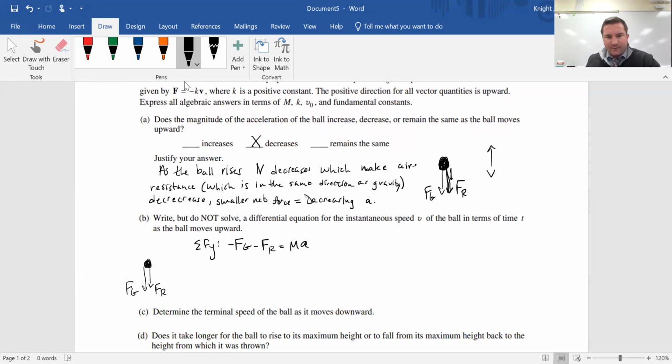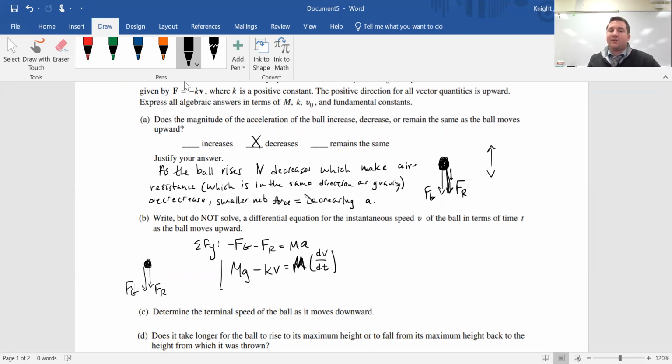And so if we look here, gravitational force is going to be m times g, which is a fundamental constant, so that's fine, minus k times v equals m, the mass of the ball, times a, and acceleration is dv/dt.